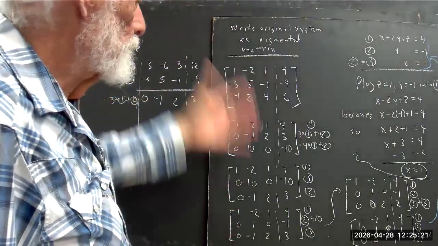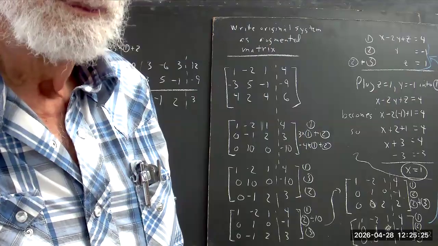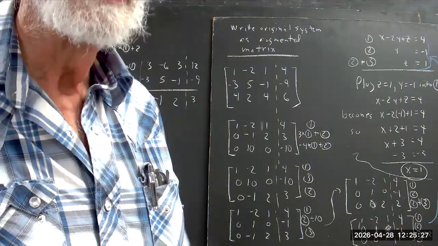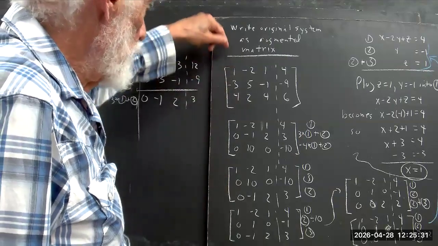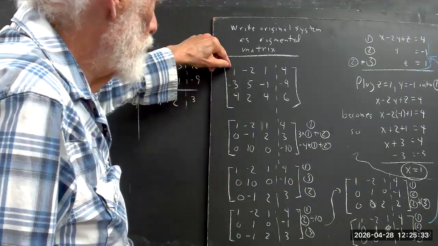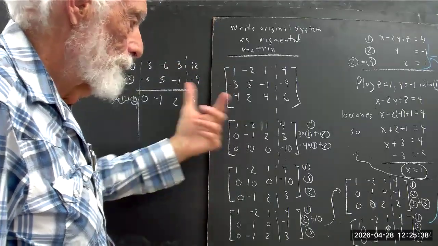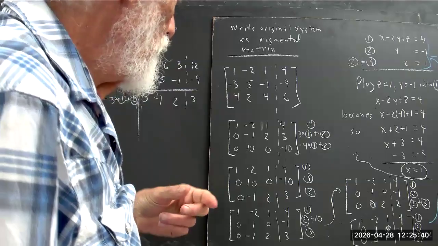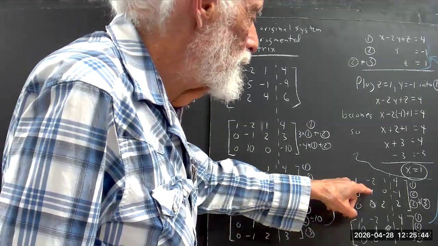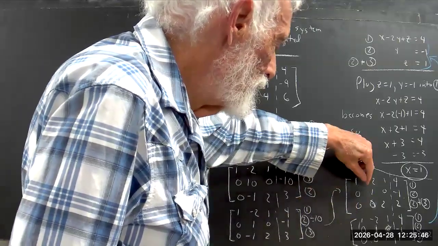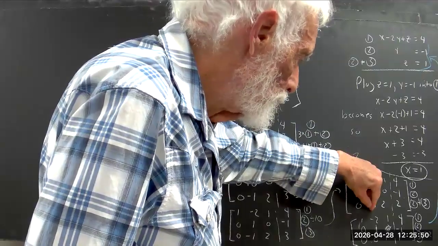What's going on here is we just don't write out the x's, y's, z's, and the equal signs, but we do exactly the same operations, and look at how it evolves. We start here, and now we've got a 1 at the upper left and zeros below it. That's what we want. And then we want a 1 in the second column of the second row and 0 below that.